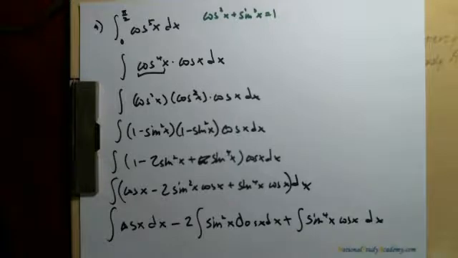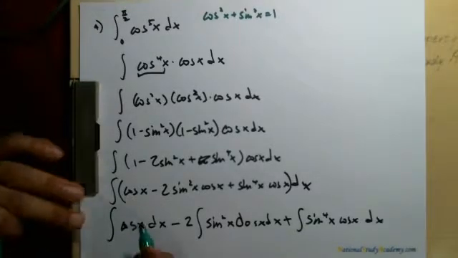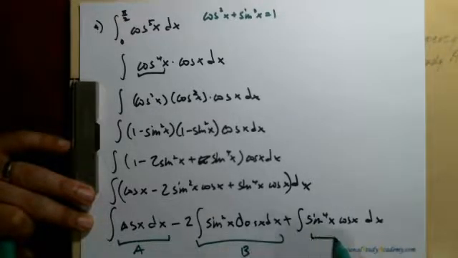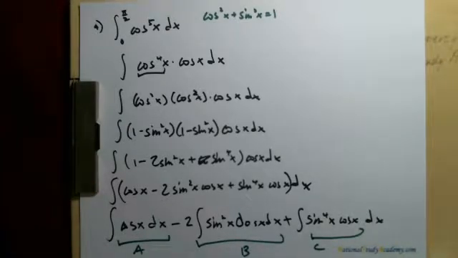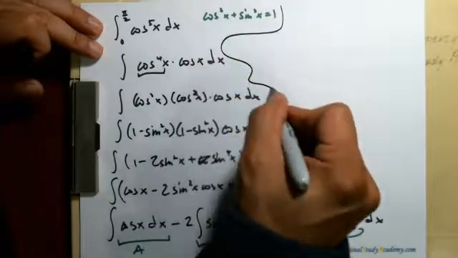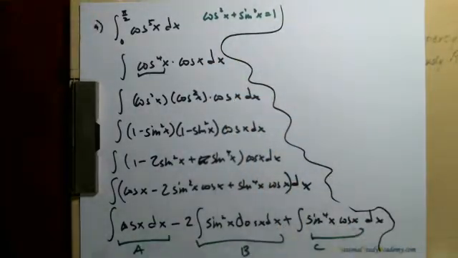Okay, and we're going to have to do this one at a time. We'll do the first one first. We're going to call this A, this B, and this C. Okay, let's do A first.